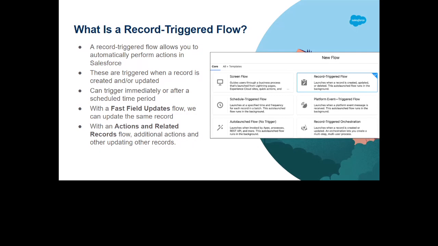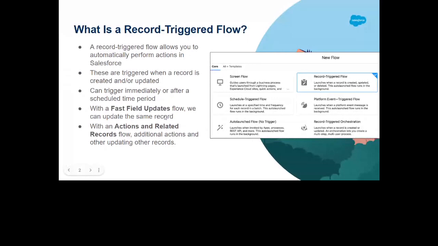And record triggered flows can be divided into two major categories. One is a before save flow, also called a fast field updates flow. This is the title inside the flow screen we get. In a before save flow, we can only update fields on the triggering record, right? So we can't perform any other action.